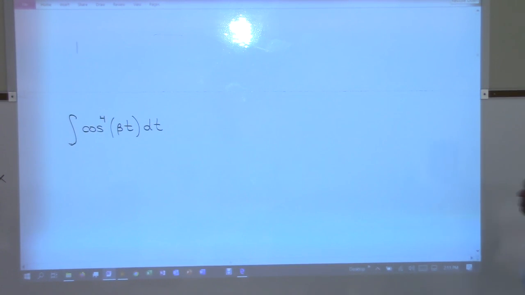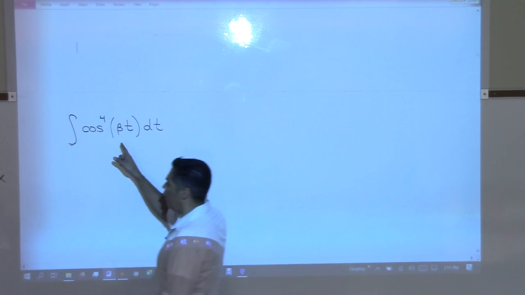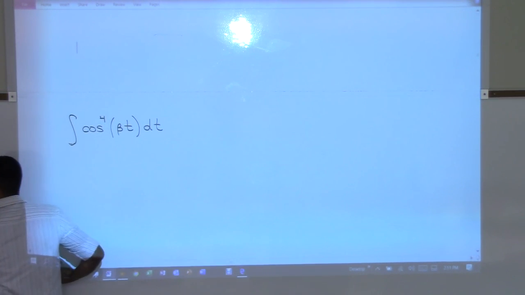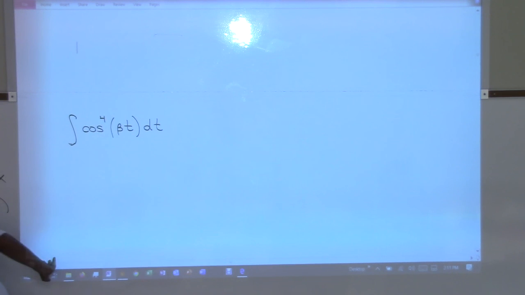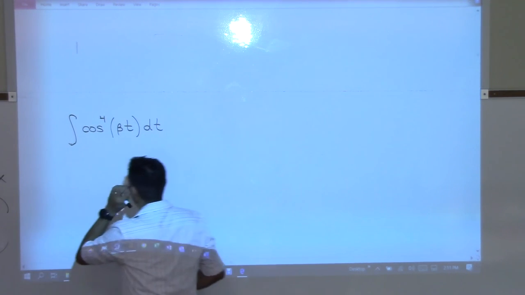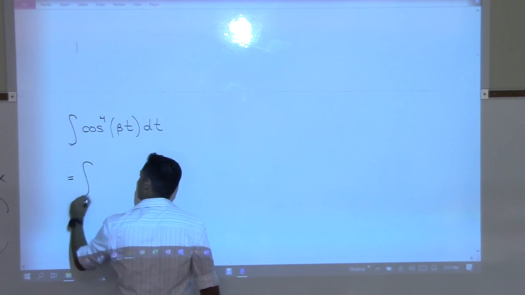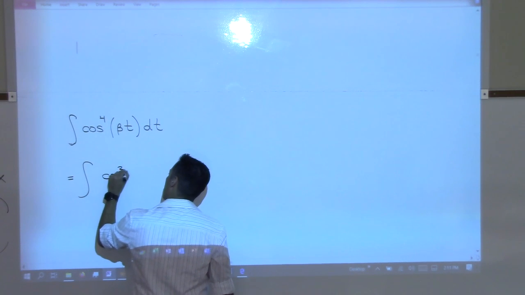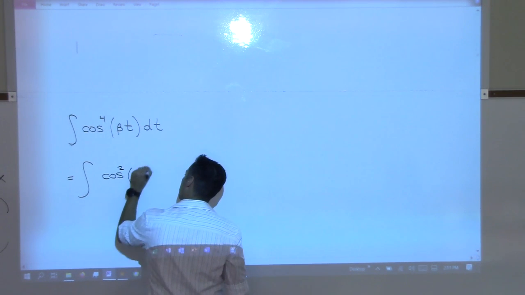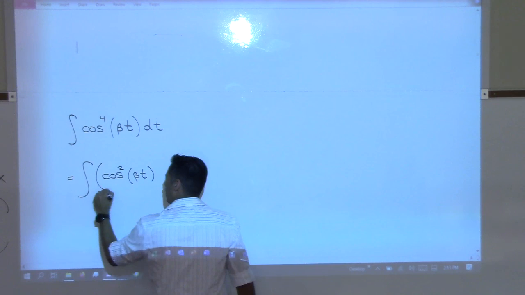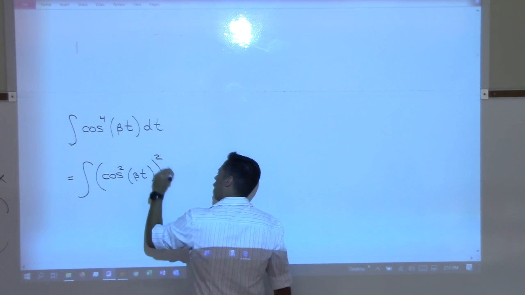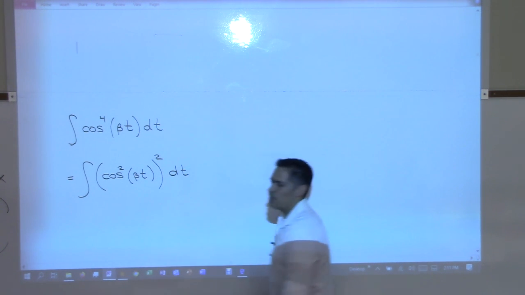I'm going to first realize that because this is even, I have to be working with one of these two. So I'm going to first rewrite this as cosine squared beta t, that quantity squared. So that's the same as raising cosine to the fourth, right?